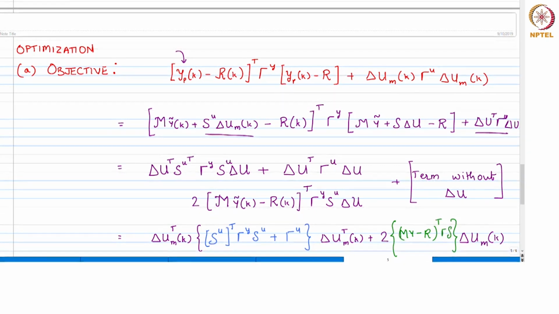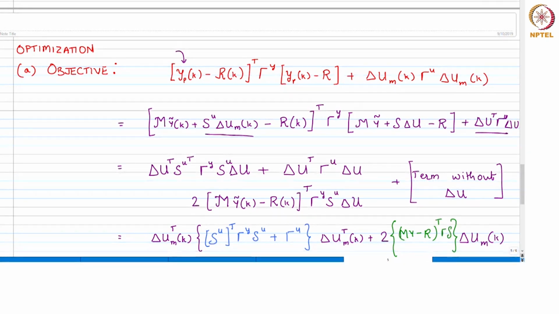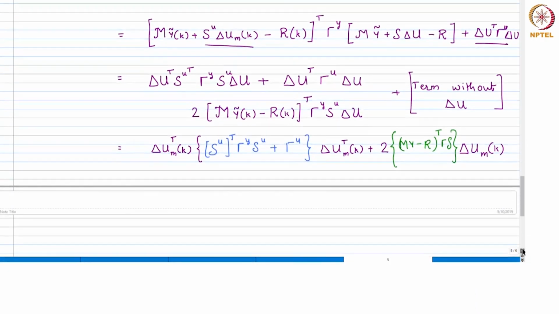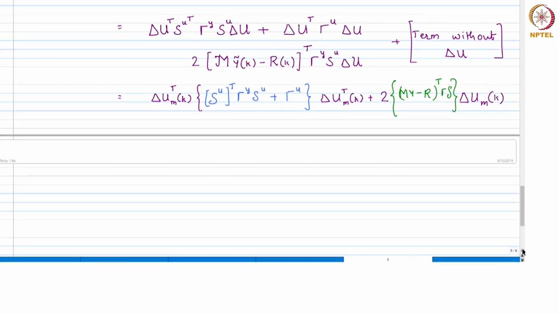I will write it on the next page more clearly. This is in the standard form.